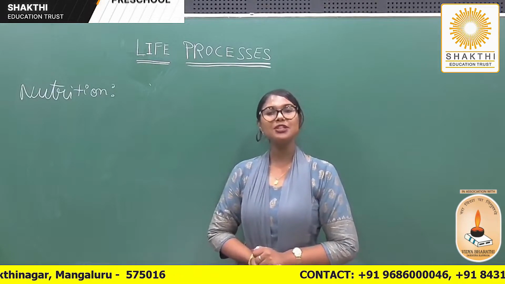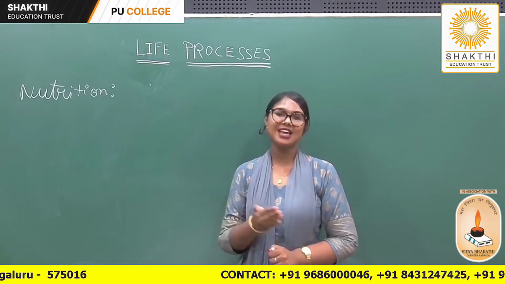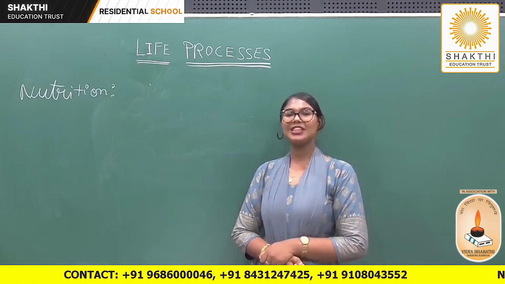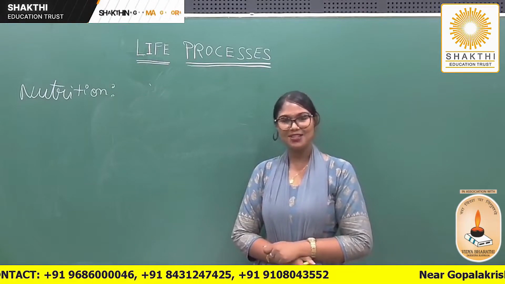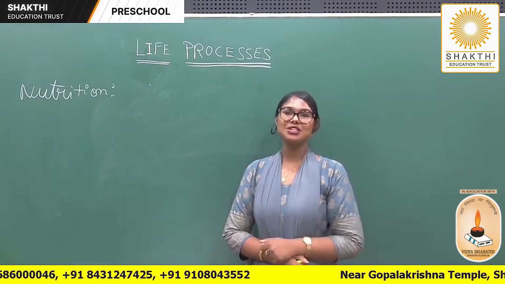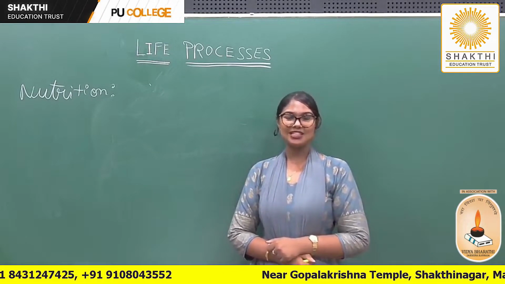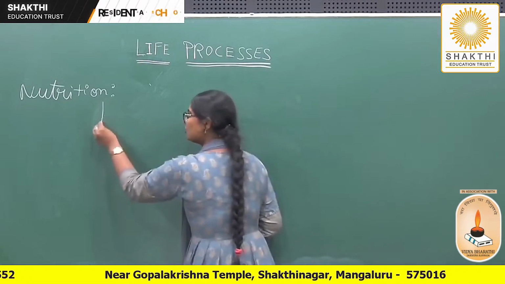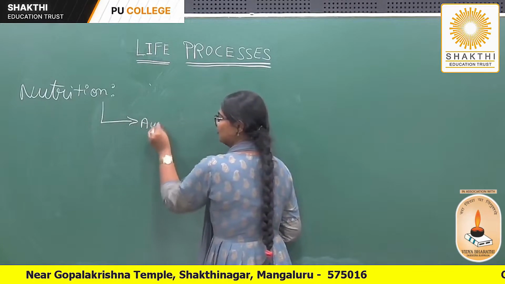Now, nutrition is different in plants and animals. So what are the types of nutrition? They are of 2 types, students. First one is the autotrophic nutrition and second one is the heterotrophic nutrition. What is autotrophic nutrition?